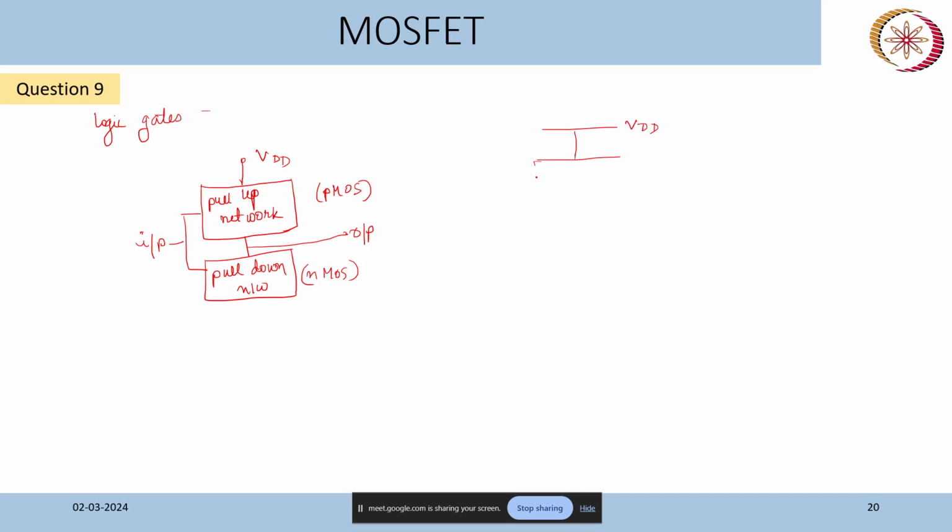There are two PMOS connected like this, and the pull down network is like this. This is the input, first input A, and the second input B, and output is taken from here.